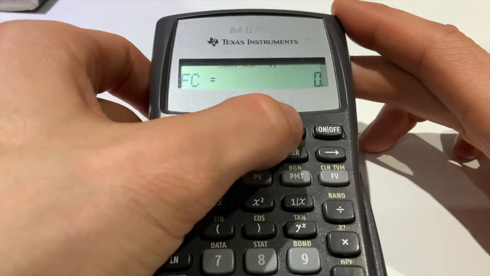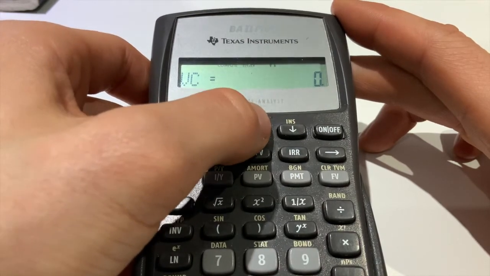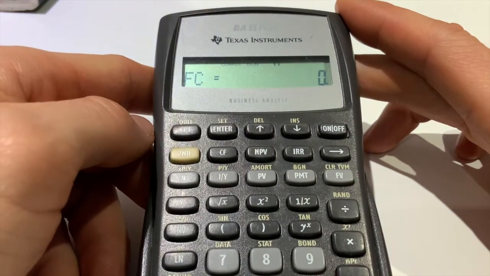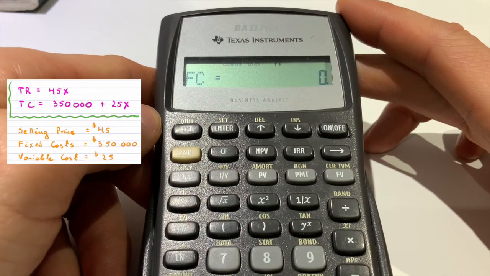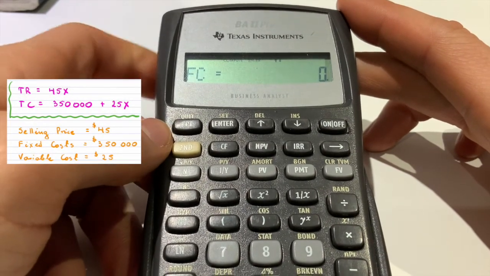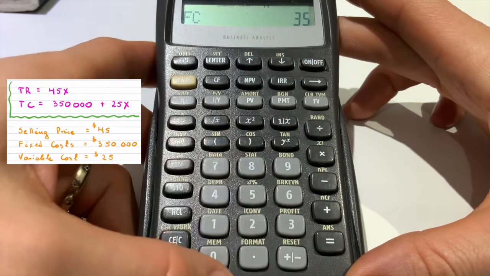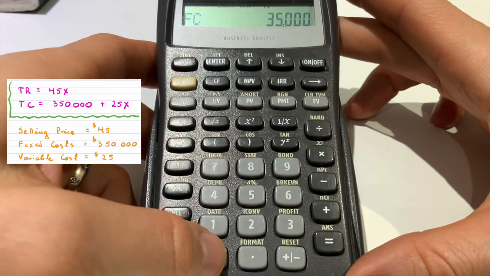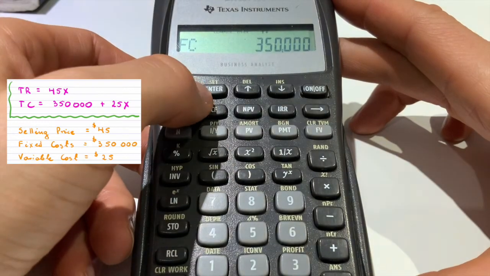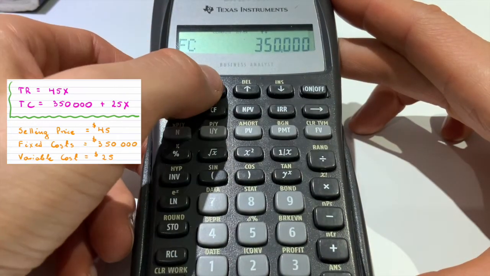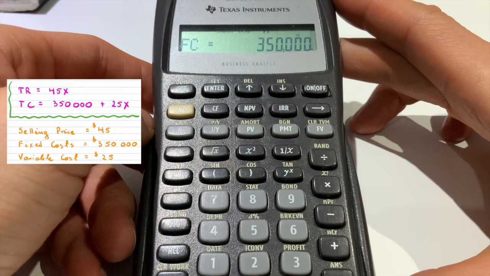Now we want to enter our values. For our example, we had a fixed cost of 350,000, so you enter 350,000. Once you enter it, you have to press enter on the top right so it registers.